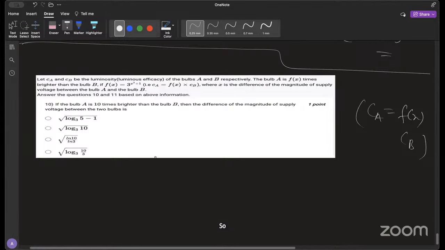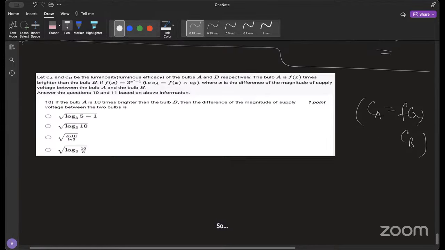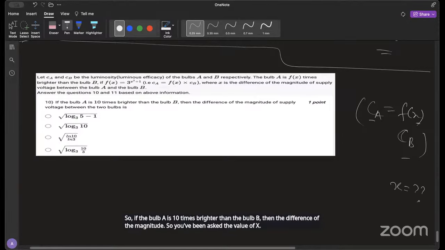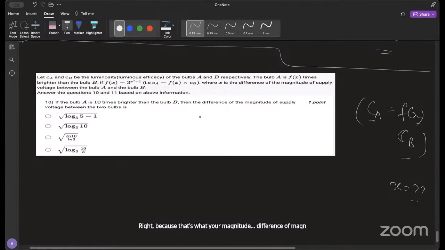These are luminosities. x is your difference of magnitude. It doesn't really matter what it is. So if the bulb A is 10 times brighter than bulb B, you've been asked the value of x, because that's the difference of magnitude.